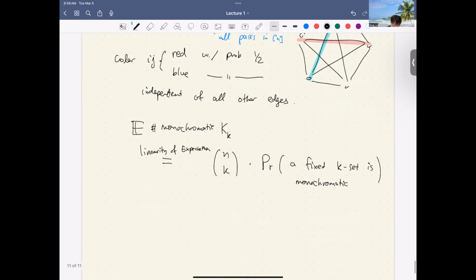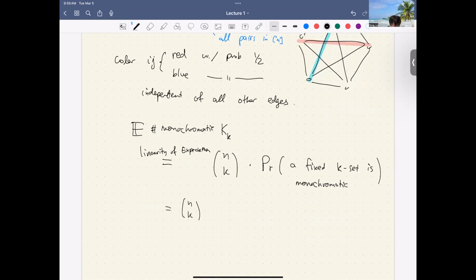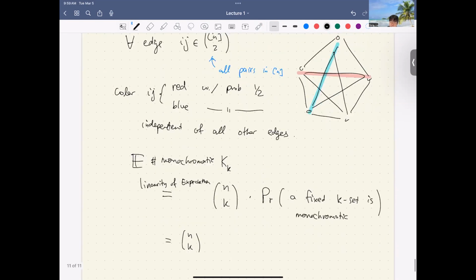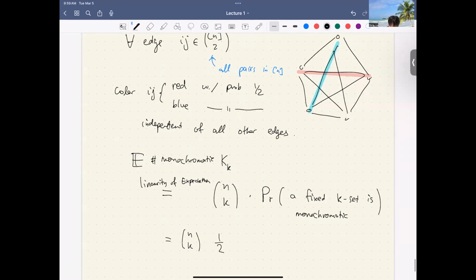But what is this probability? Each edge gets color red or blue with probability 1/2. So what's the probability that all edges are red? One edge is 1/2. All red means all k choose 2 edges must be red.